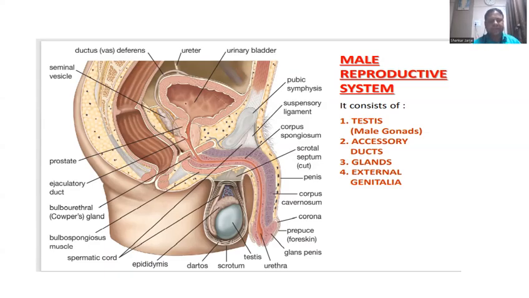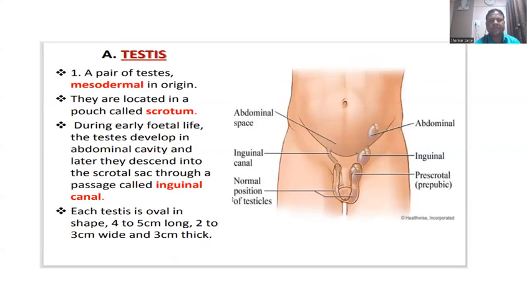When a male fetus is in the uterus of the mother, these testes, see the diagram here, descend into the scrotal sac through an inguinal canal.